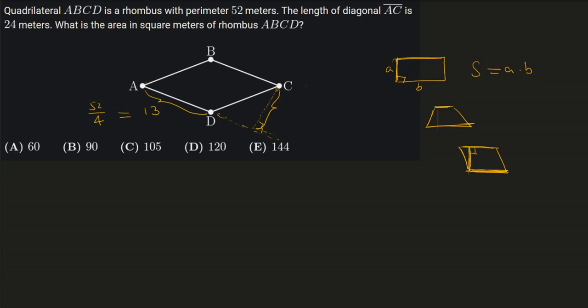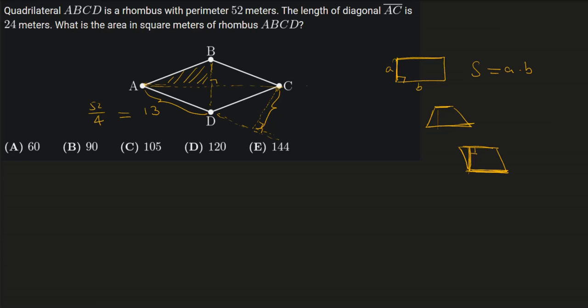Instead, for a rhombus, an easier approach is to use the two diagonals. This is because for any rhombus, the two diagonals are perpendicular to each other. Therefore, we cut this rhombus into 4 equal right triangles.